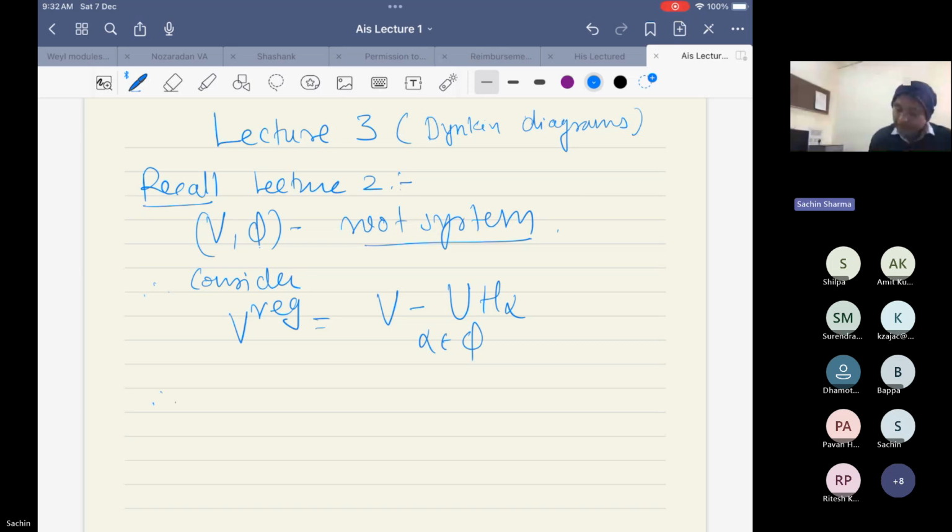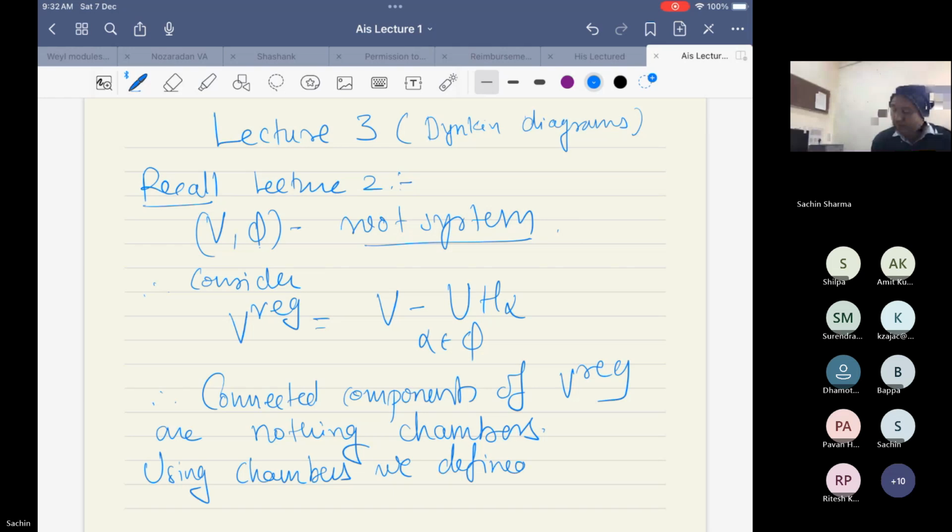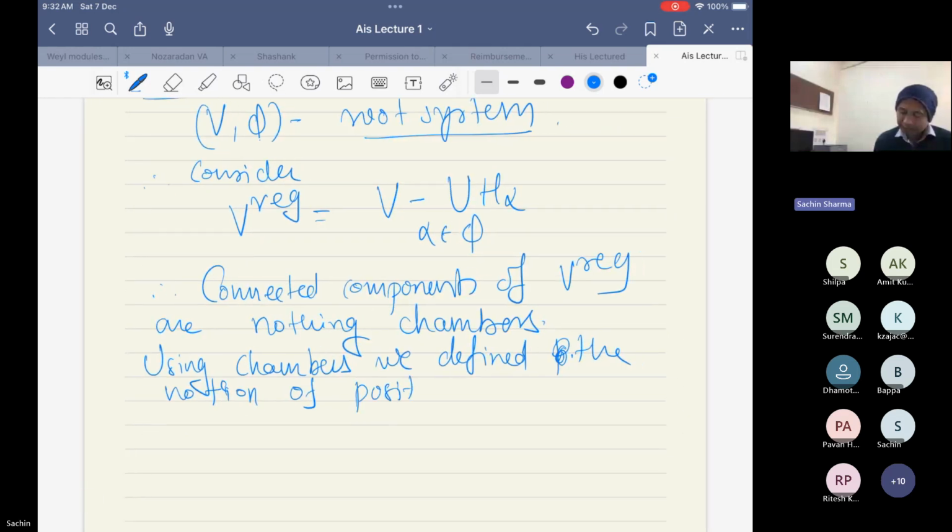And using that, we define the connected components of V reg, which are nothing but chambers. Now using chambers, we defined the notion of positive and negative roots.